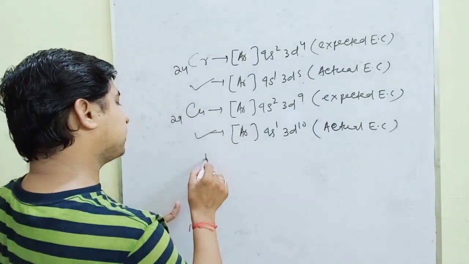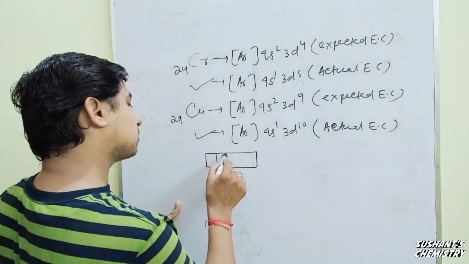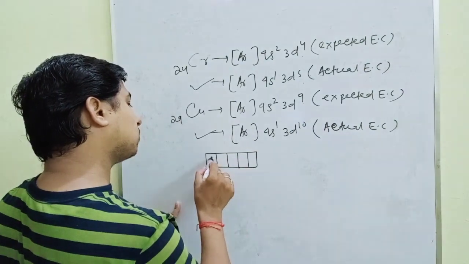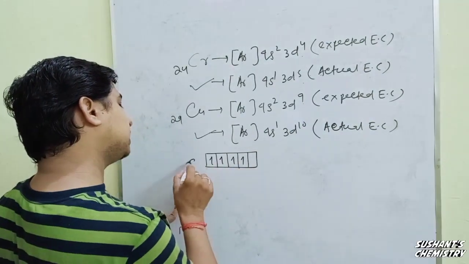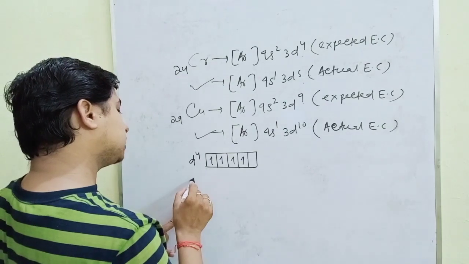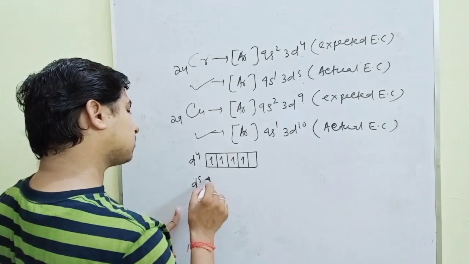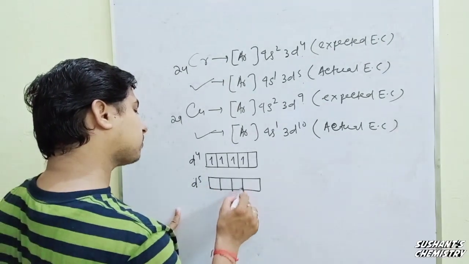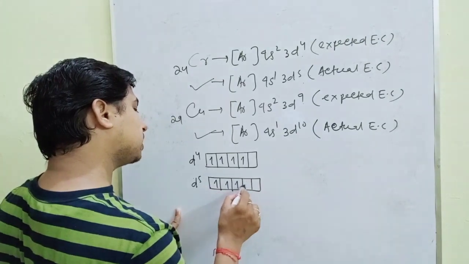3d4 configuration, 3d4: 1, 2, 3, 4. This is d5 configuration: 1, 2, 3, 4, 5.